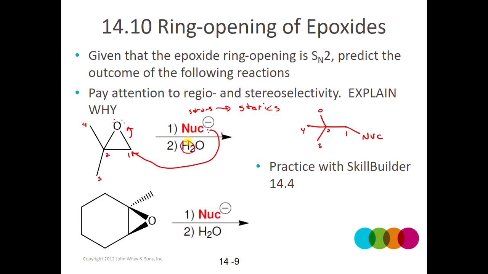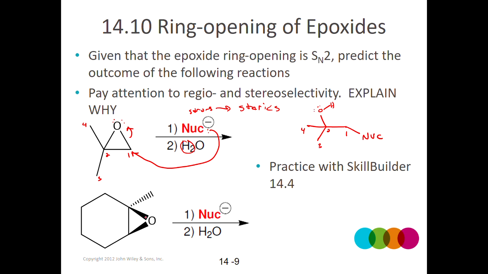The water here would provide the proton necessary to make that an OH, and that would be the predicted product. So there's no stereochemical issues in that particular reaction because there's no chiral center produced in the product.